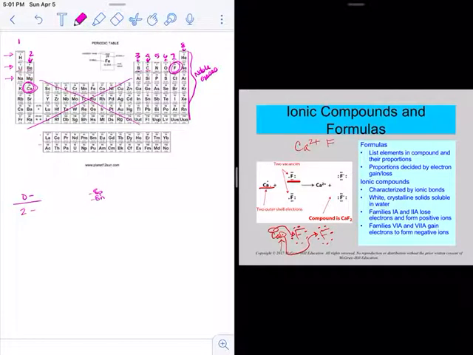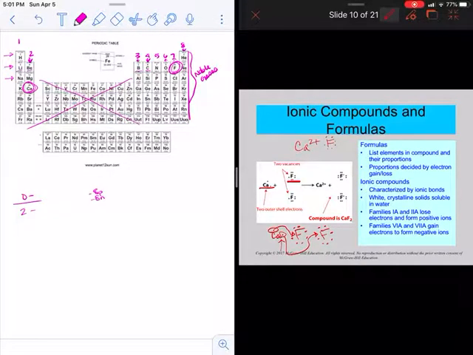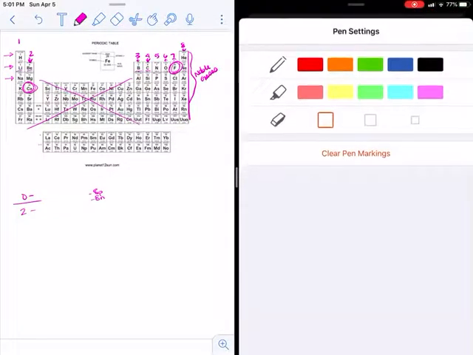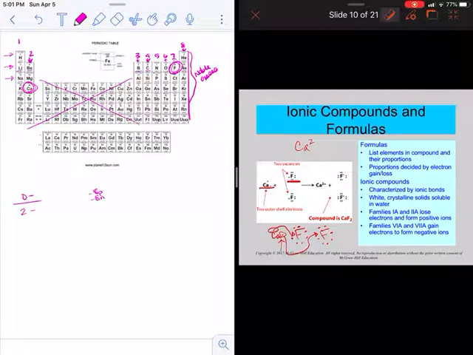And then fluorine over here in the 7th group, it has 7 outer electrons, but when it gains one of them, it has a -1 charge, but we have to have 2 of them.